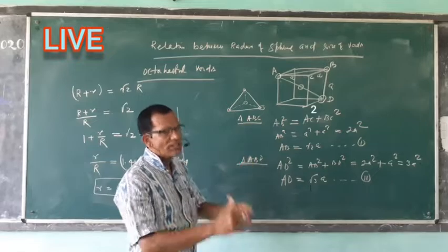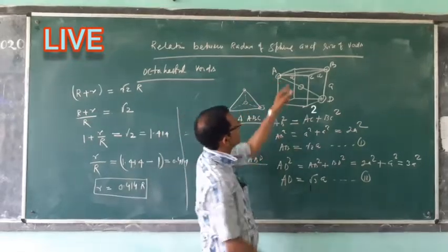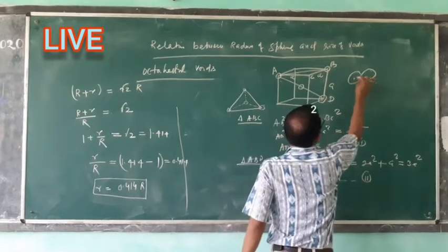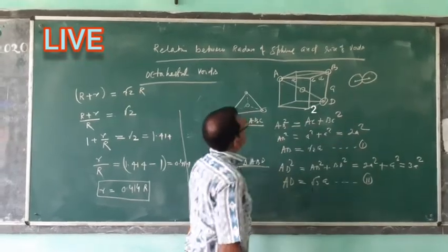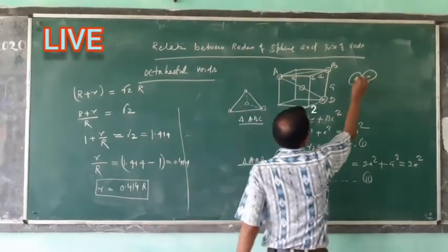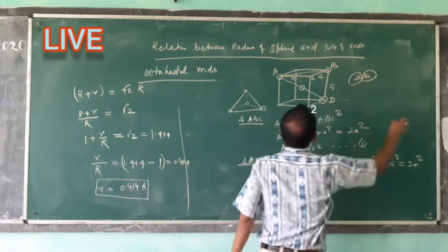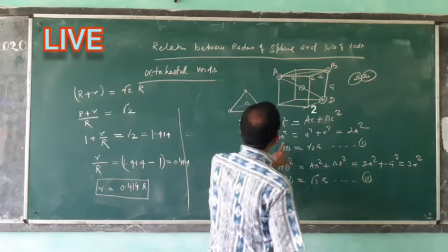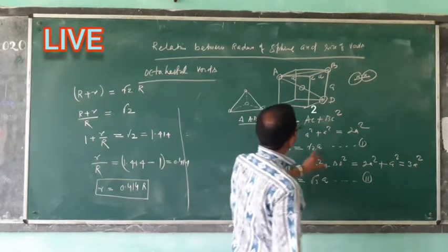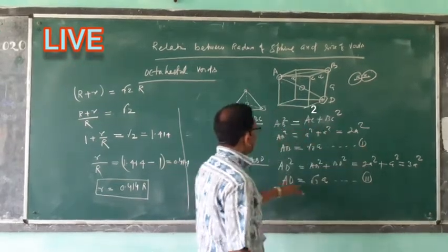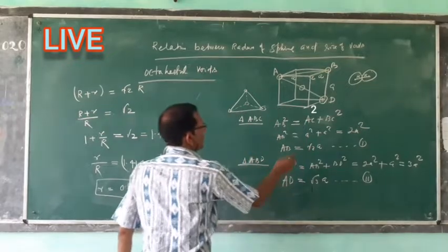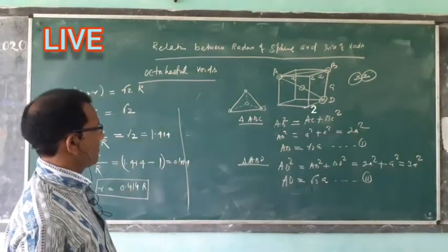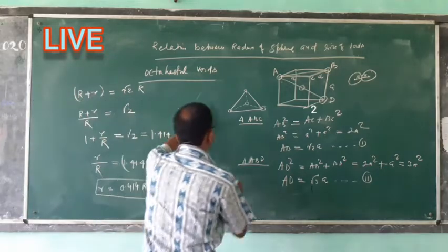They are closely placed. So if they are closely placed, then the radius will be capital R and this is your capital R. So AB is equal to root 2 A and AD is equal to root 3 A.